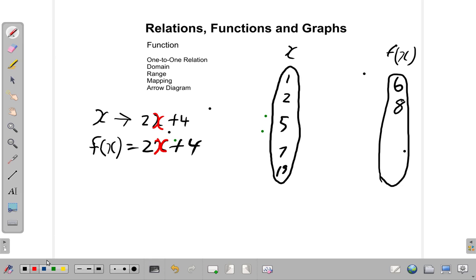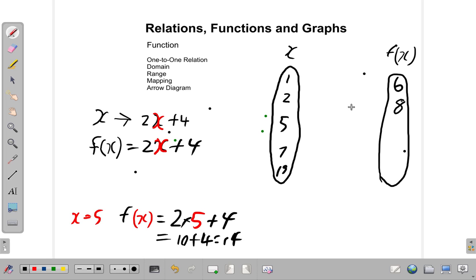When x is 5, then f of x is equal to 2 times 5, since x is 5, plus 4, which will give you 10 plus 4, which is 14.